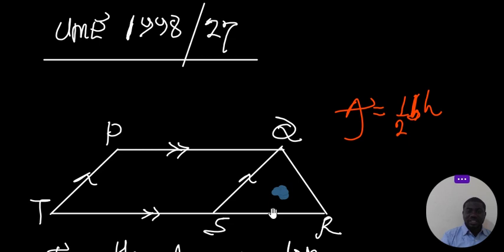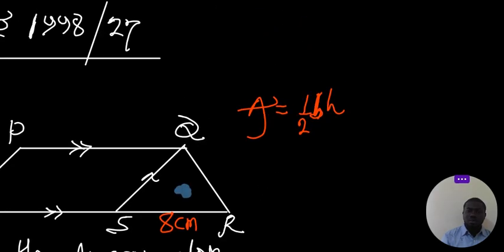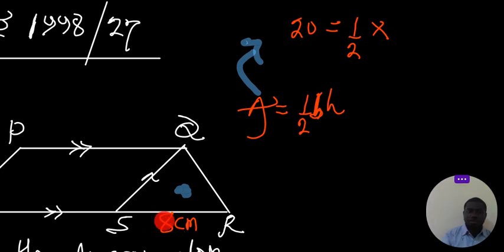So we are given that SR is 8 cm as part of the question. So area of the triangle is half base times height, and the area of that triangle QSR has been given to be 20. So 20 equals half times the base, which is S to R. That's 8.